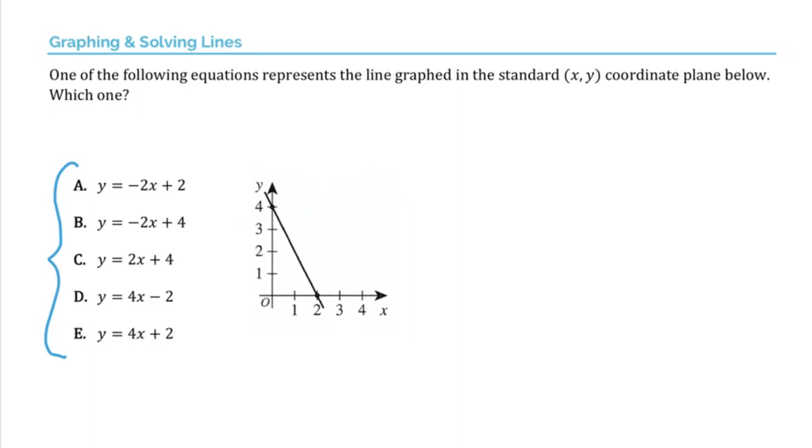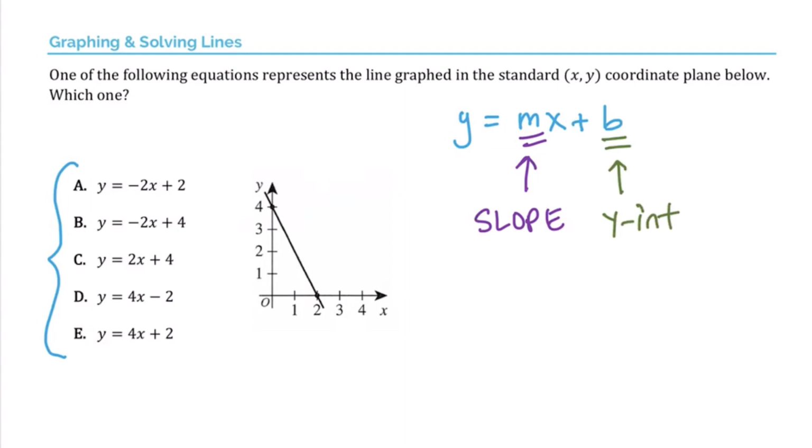So the first thing that I want you to recognize is the y-intercept. Now we haven't talked about that yet, but let's go back to our equation in slope-intercept form. We already talked about how this m right here is the slope, but we have not yet reviewed what this b is, which is the y-intercept. Remember, the y-intercept is the value of y when x is 0.